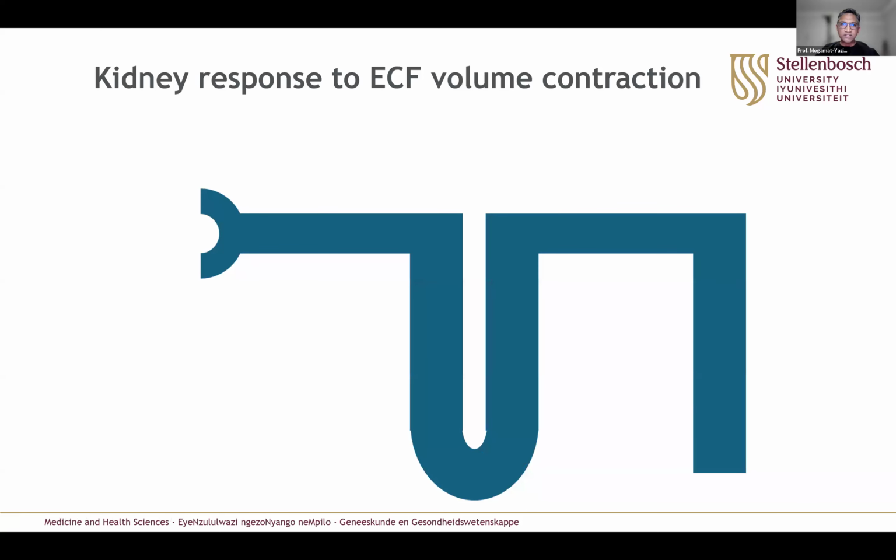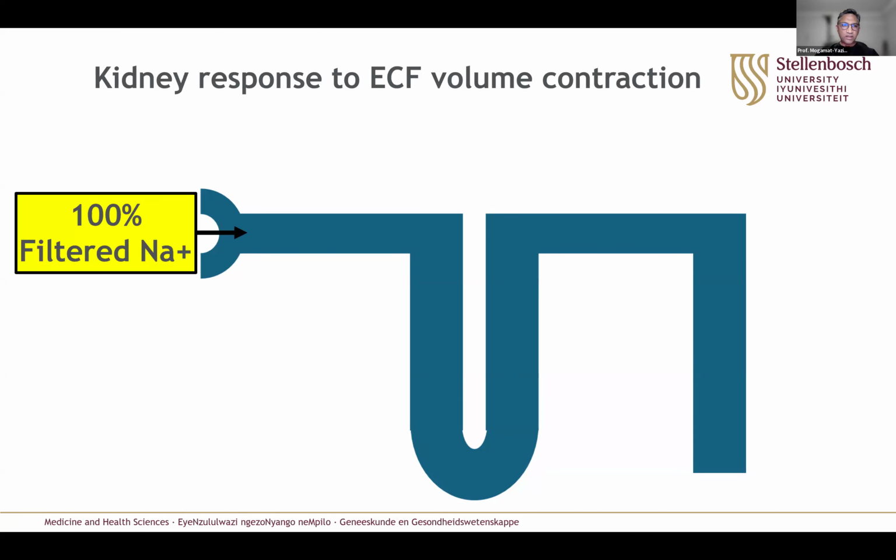So what is the kidney's response to ECF volume contraction? Well, let's say 100% of sodium is filtered at the level of the glomerulus. In the face of ECF volume contraction, most of the sodium is reabsorbed along the tubules of the nephron. Here, I've just indicated it by the proximal tubule, although it's not 99% at the proximal tubule.